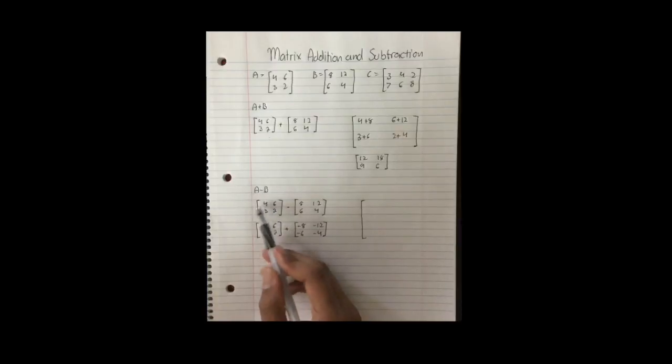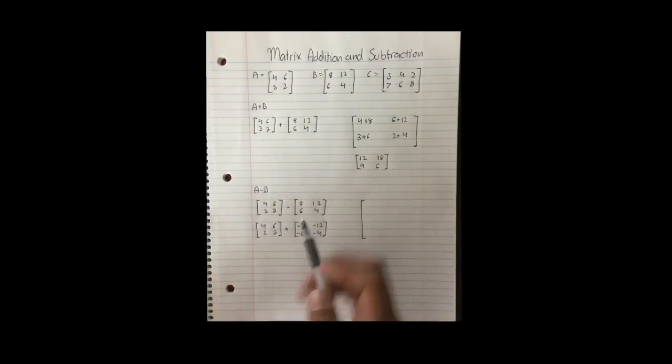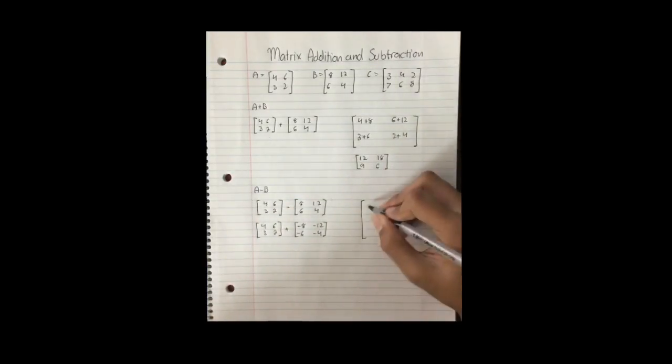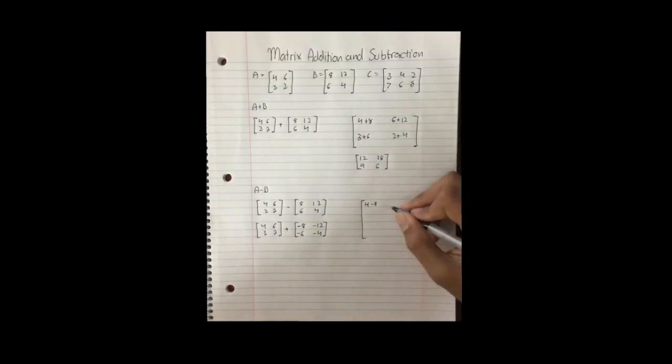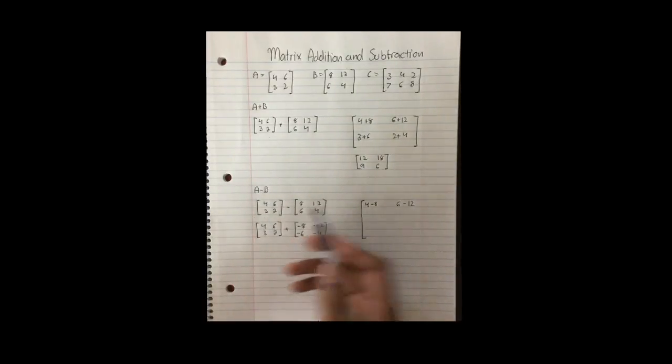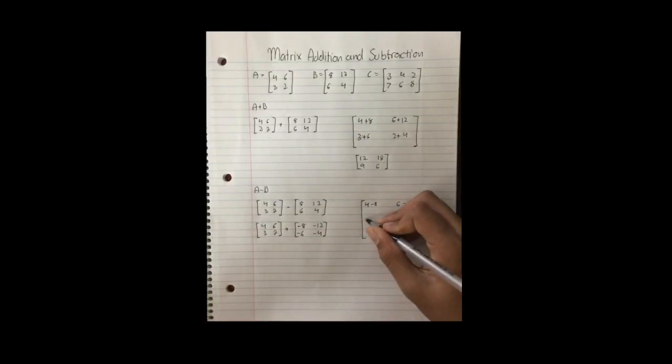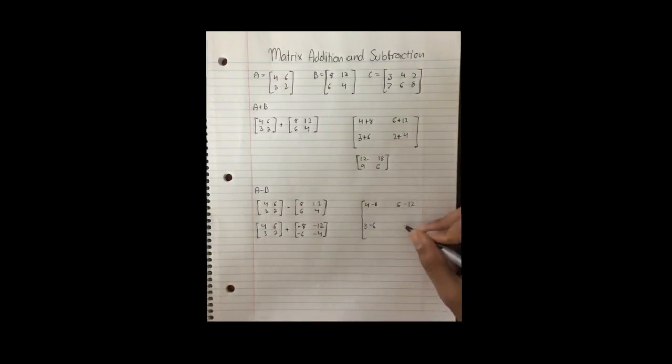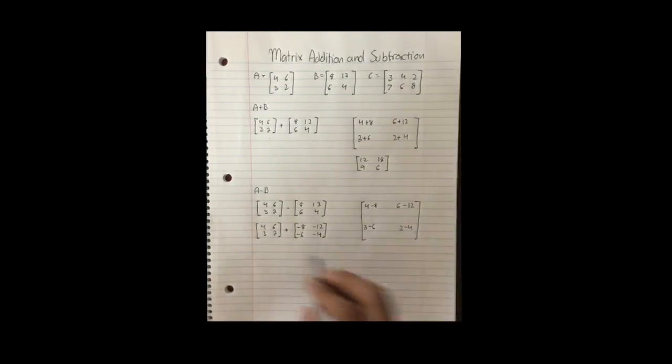If I were to do this first method here without simplifying it more, it would be 4 minus 8, 6 minus 12. Remember, we're just doing the same values and subtracting them. So this next one would be 3 minus 6 and 2 minus 4, which is exactly what you would get if I were to do this.